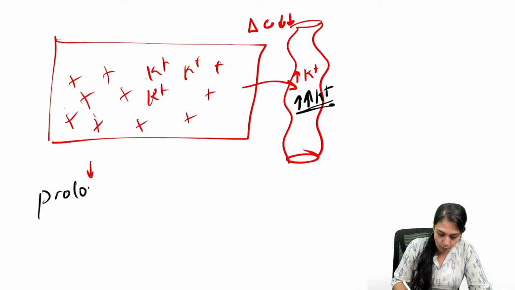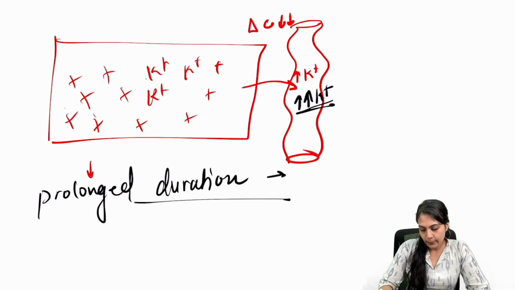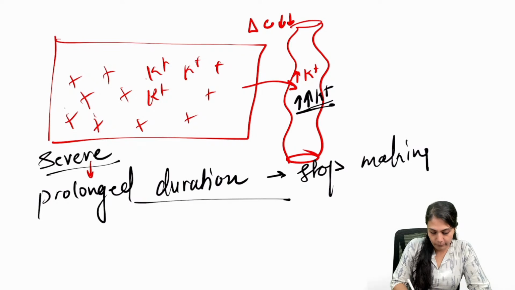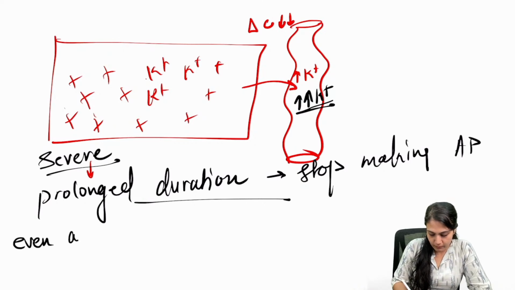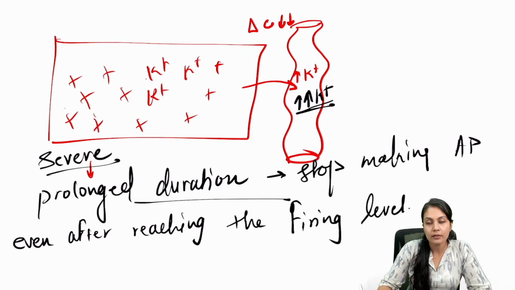If it is severe hyperkalemia for a prolonged duration, it will stop making the action potential even after reaching the firing level. It reaches the firing level, but it won't make the action potential.